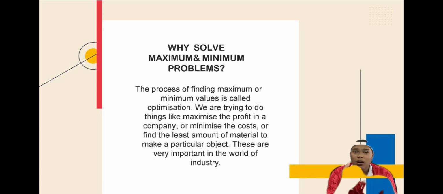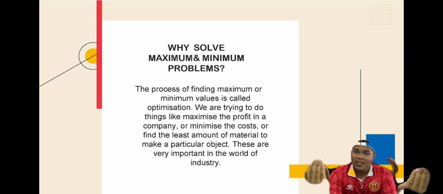The process of solving minimum and maximum problems is called optimization. It is really important in a big company so that we can reduce wasting money, manpower and else. Okay, let's go to the next topic.